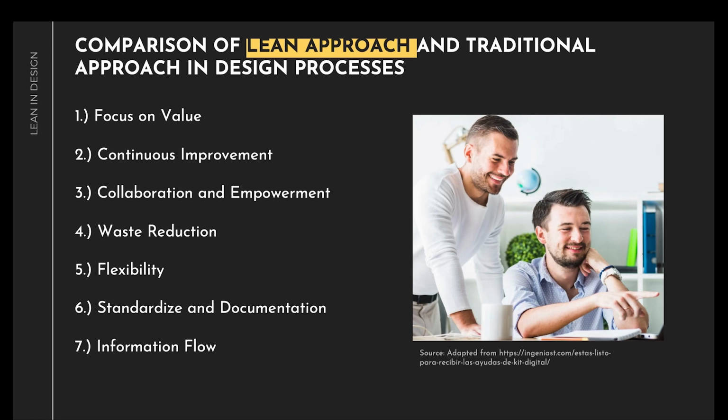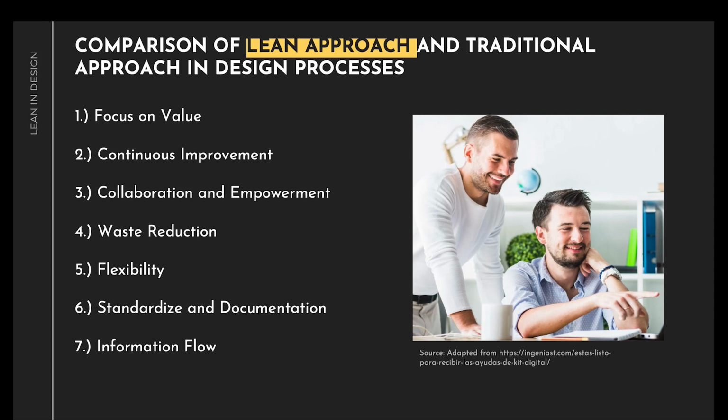The second is continuous improvement. Lean design promotes continuous improvement, where teams regularly review and enhance processes to increase efficiency and quality. The traditional approach may lack a structured approach to continuous improvement, resulting in outdated practices.